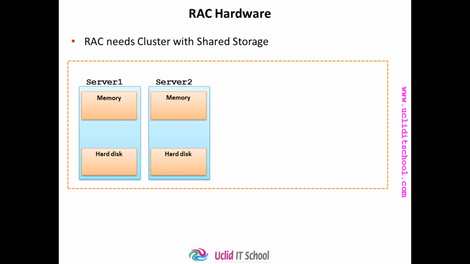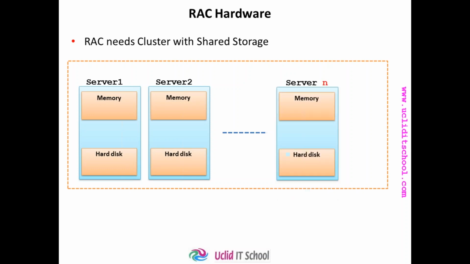So we will see the software details at a later stage. For now, just understand that group of two or more servers is called a cluster. Now, is it just two, or you can have more servers? You can have more servers, minimum two servers in the cluster. Otherwise, you call it a standalone server.